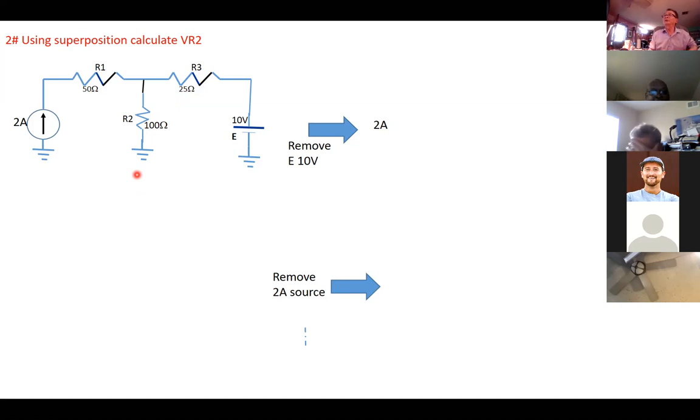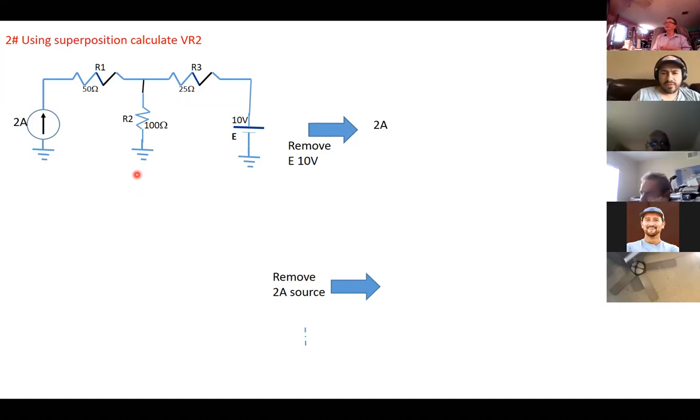Basically, to calculate VR2, you need to calculate the current going through R2. So we have to use the voltage divider either way. What we can do is get the equivalent resistor from R3 and R2.